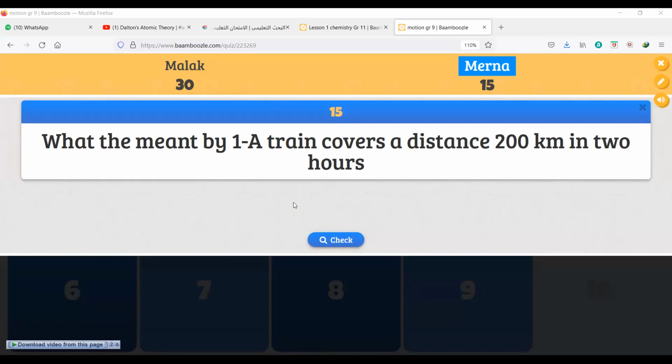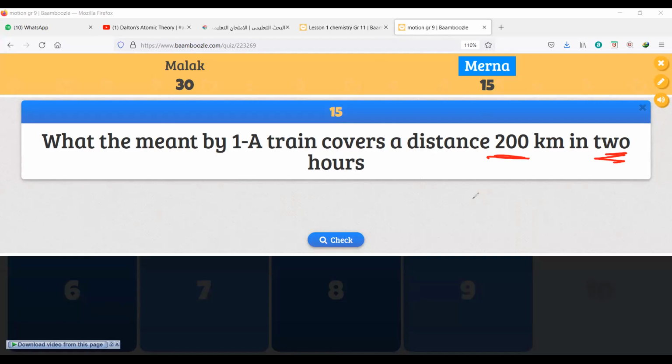That means the distance of the train is 200 kilometers in 2 hours. We have to use these numbers in something. Should I calculate it? Yes, sure.